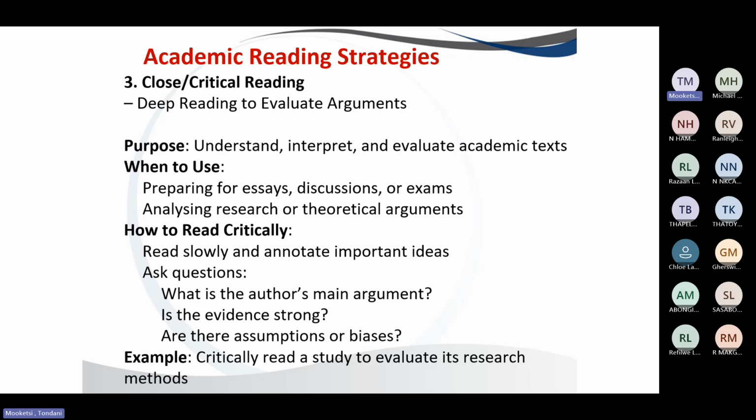This means that you need to understand the information. You need to be able to interpret it and be able to evaluate that information. You can use it when preparing for essays, for discussions, for exams, analyzing research or theoretical arguments. I don't think in first year level you are expected to analyze research, but yes, this is the type of reading that you need to do to prepare for your assessment.